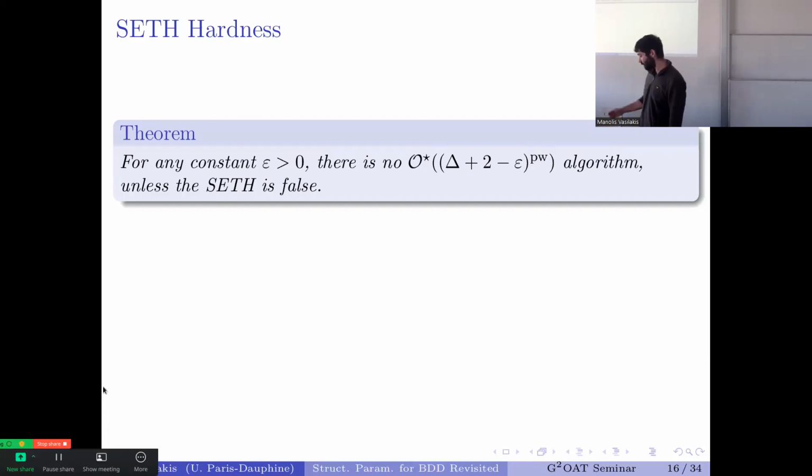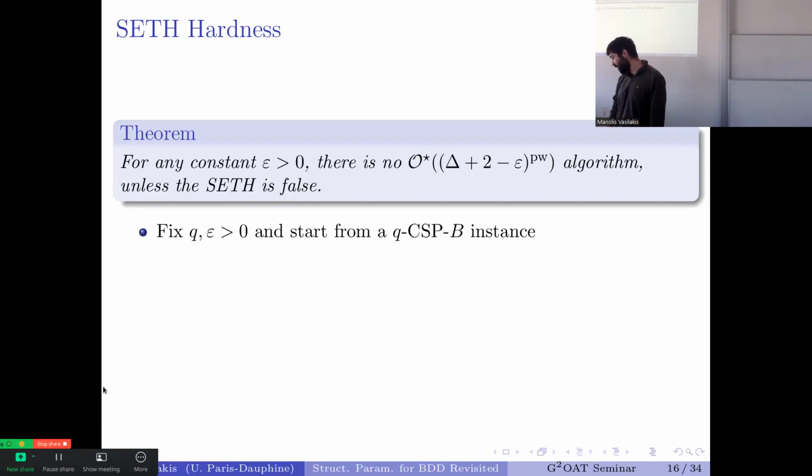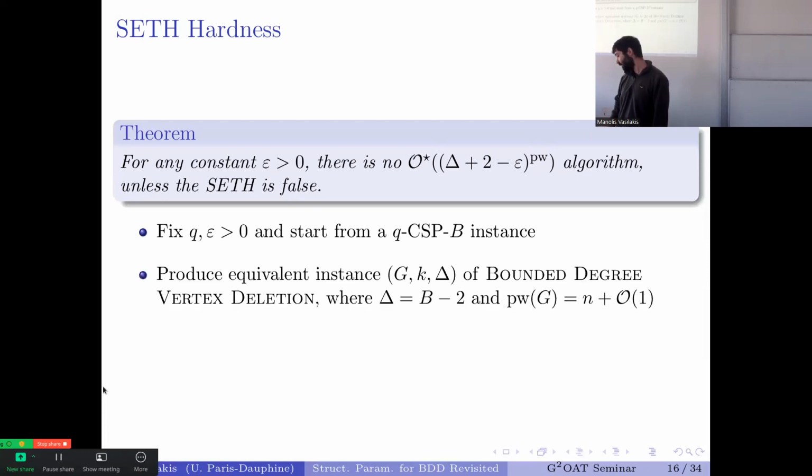The way it works is that we fix a Q, which is a constant, from our theorem, and an epsilon, and we start from such a constraint satisfaction instance, and we want to produce an equivalent instance of our problem for delta being equal to b minus 2.